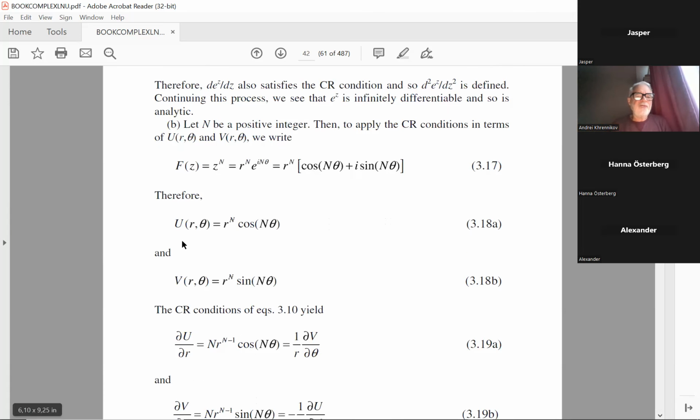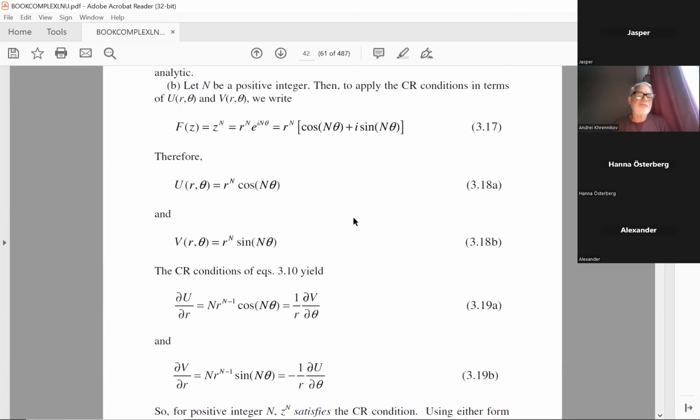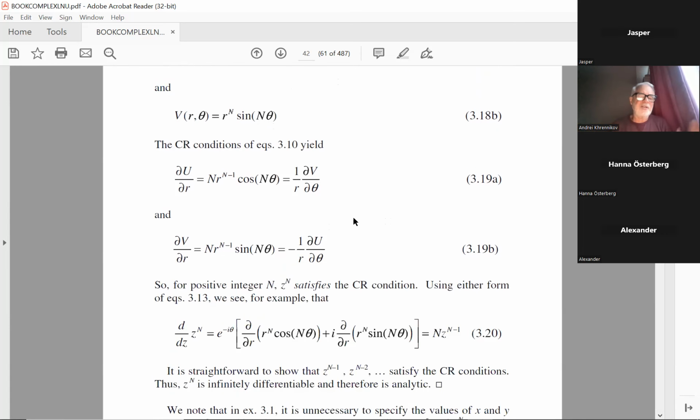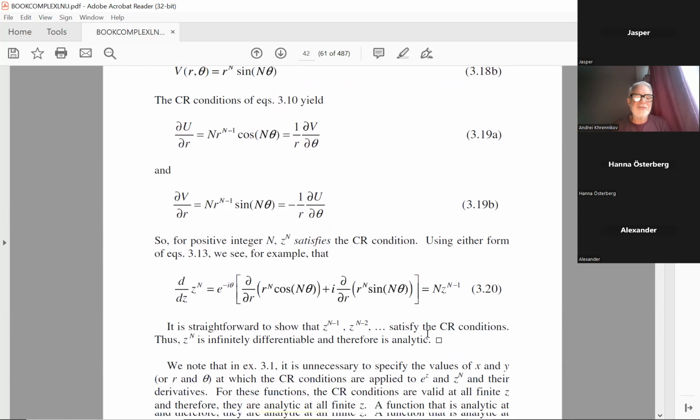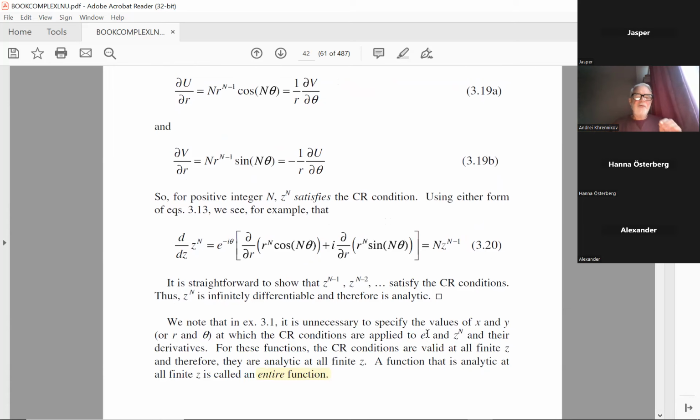They can do the same for z to the power n. They prefer to do this in polar coordinates, but it is more or less for training. Finally, they came to this formula. What is the main lesson from these two examples?